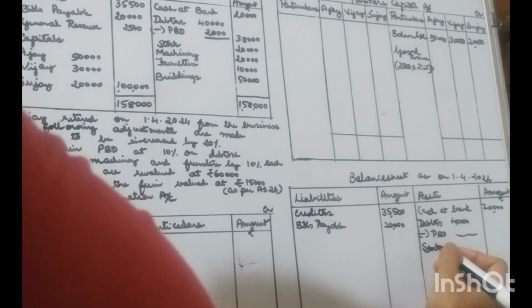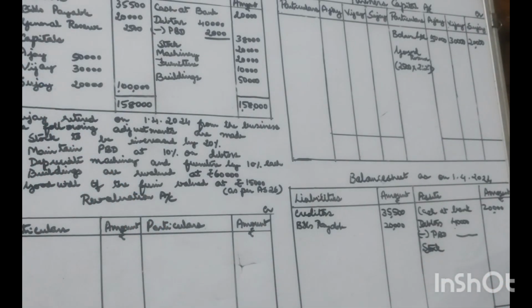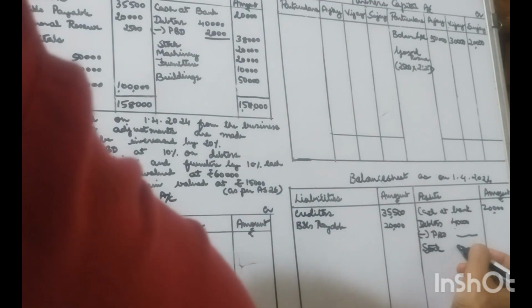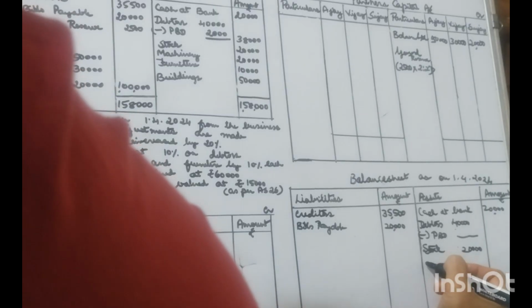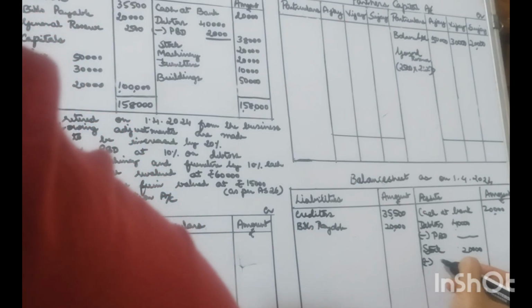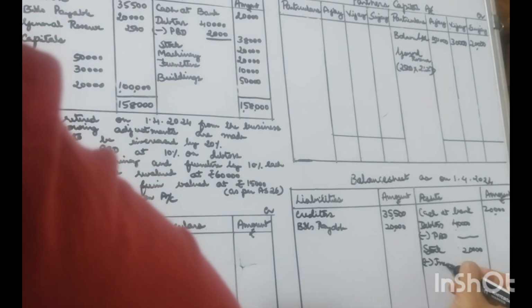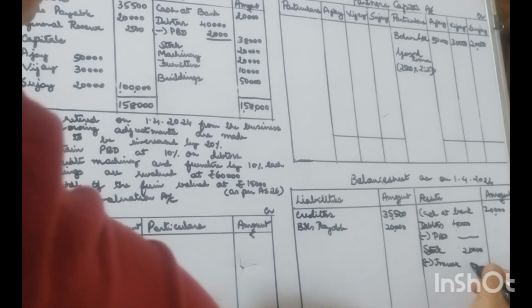Next, stock is given, the value of stock is 20,000. So there is an appreciation in the value of stock, the increase in the value of stock has to be added.